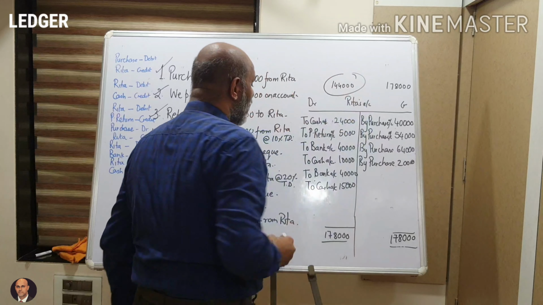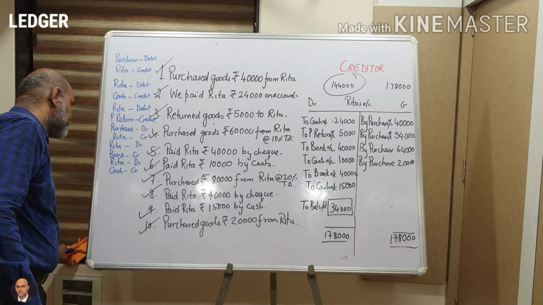I have to pay Rita 34,000 and Rita is our creditor. Why? We have taken goods on credit from her and we have to pay her. So one such similar sum again for your assignment. So you slowly, step by step, develop the mastery over your ledger.